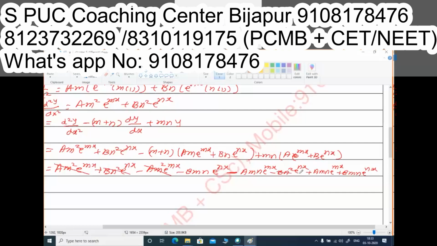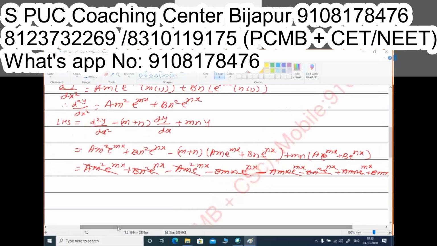Here is minus bmn e raised to nx, here is plus bmn e raised to nx, minus amn e raised to mx plus amn e raised to mx. All those terms cancel each other, so that is 0, which is our required RHS.